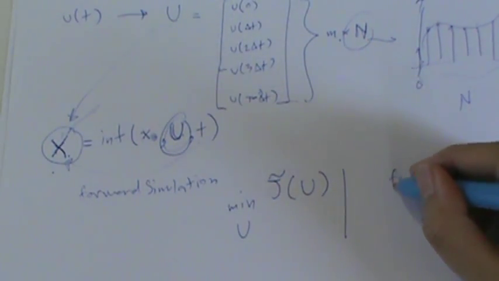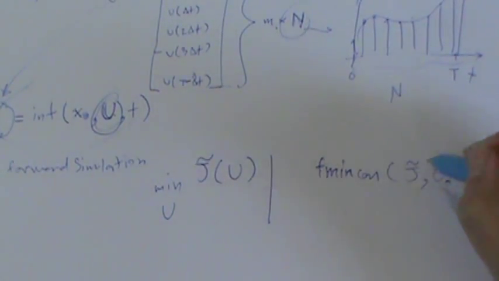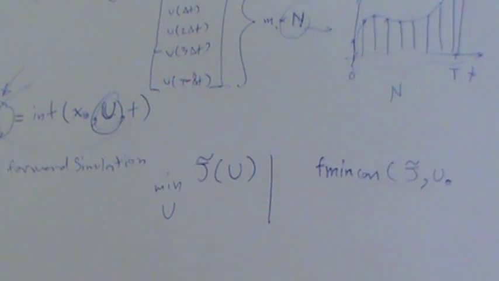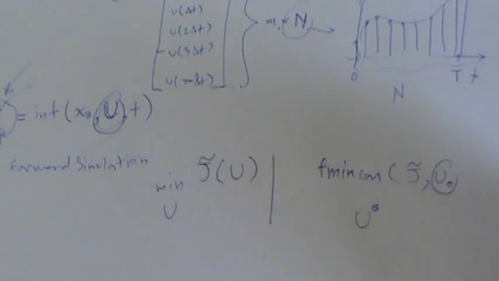It's the optimization function that takes in J tilde and some initial guess U0, and based on this initial guess, it will fetch all the numbers and use different methods, like SQP or trust region methods, in order to obtain U star.